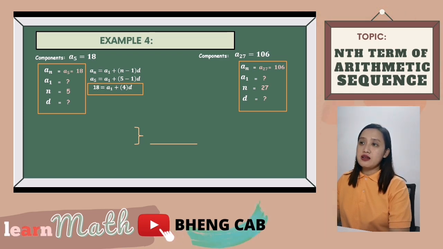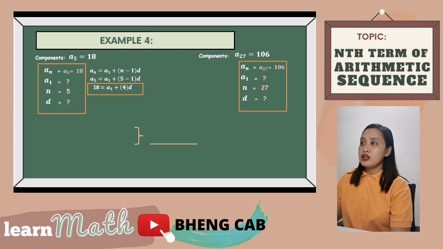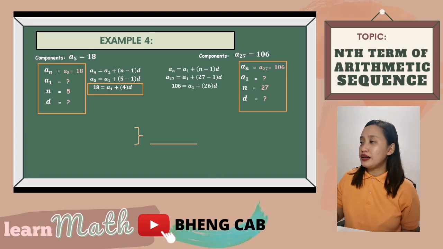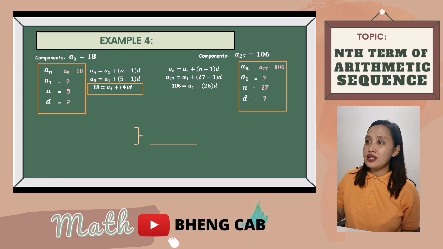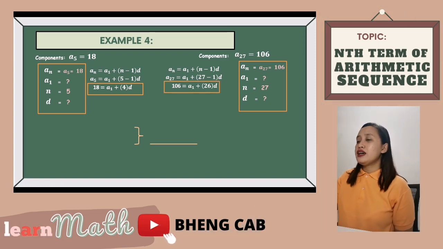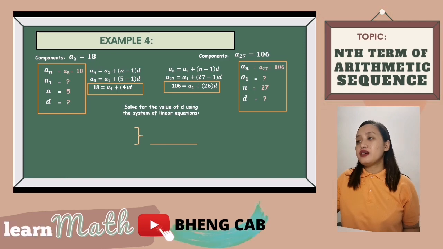So, 18 equals to a sub 1 plus 4d. Yung pangalawa nating given, ganoon din po, pa-plug-in lang natin. Meron tayong 106 equals to a sub 1 plus 26 times d. So, 27 kasi to minus 1 is 26d.